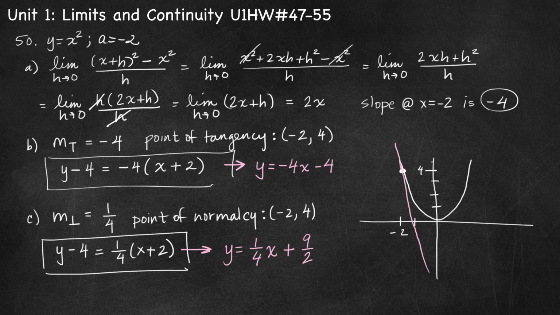So 4.5 is the y-intercept. So that line is coming in kind of like that. And these two lines are perpendicular to one another. So this is my normal line, and this is my tangent line.